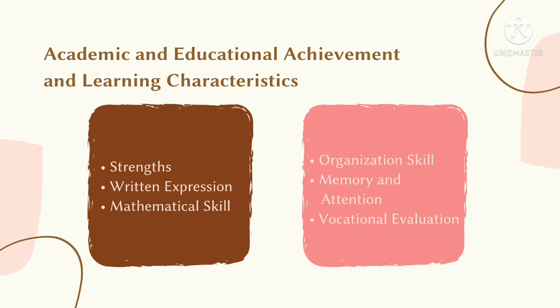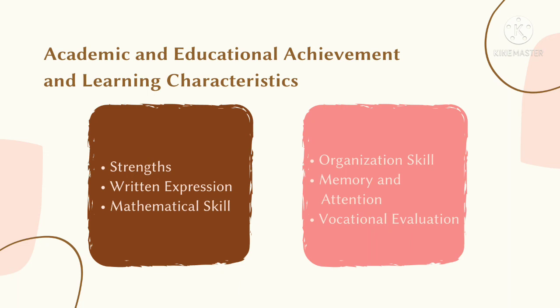The last one is the vocational evaluation. So in here, if the student shows interest in inventories, shows preferences for work in agriculture, in building, repairing, and working outdoors, with highest interest in working with plants and animals and tools and equipment, his assessed interest matches his expressed vocational interest.